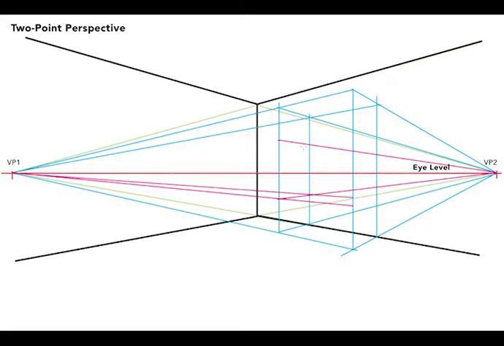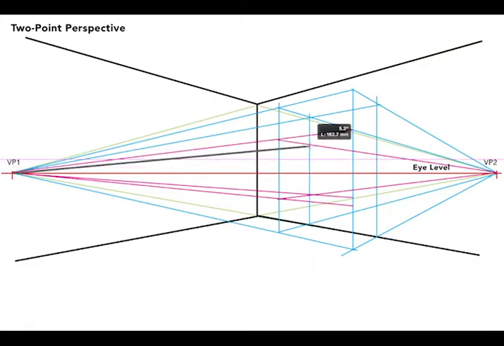We'll do the same for this upper shelf. Line from VP1 passing through this corner, stop here, one more line from VP1 passing through this corner, and stop here.